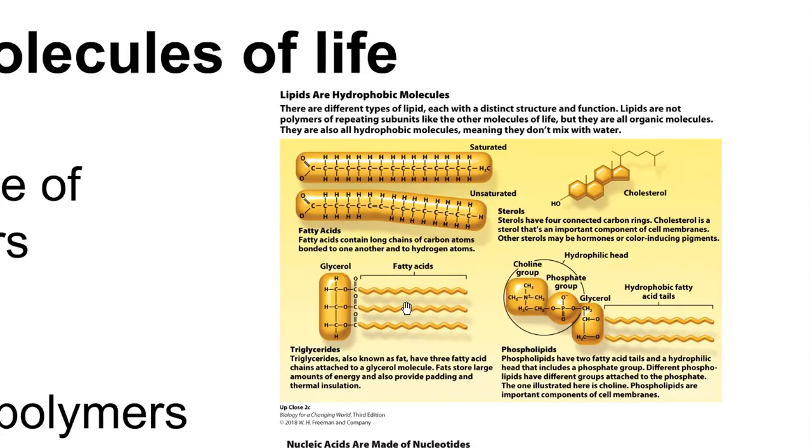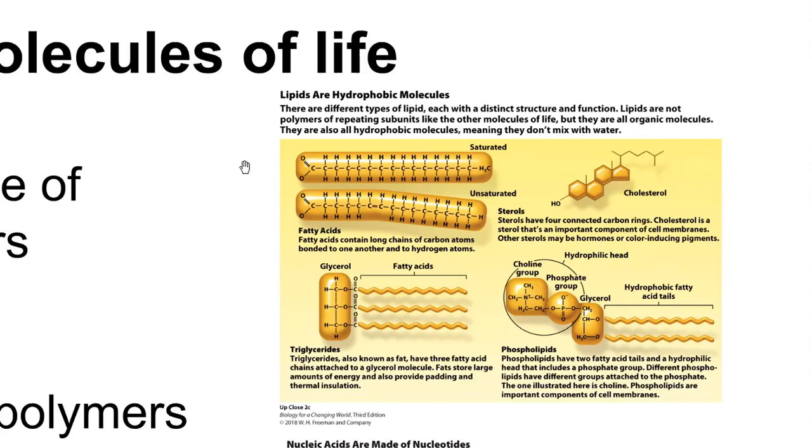Now, these fatty acids can vary in their structure. For example, they can be saturated or unsaturated, and you may have heard of that before. You're maybe into nutrition and things of that nature. You may have heard saturated fats, unsaturated fats. Well, what makes them saturated? What makes them unsaturated?